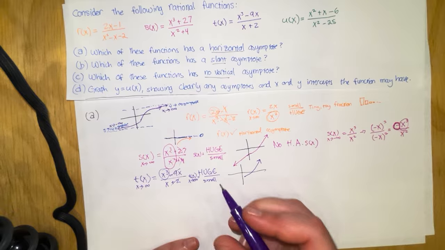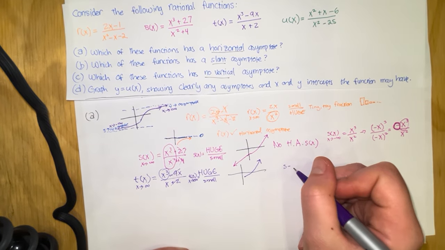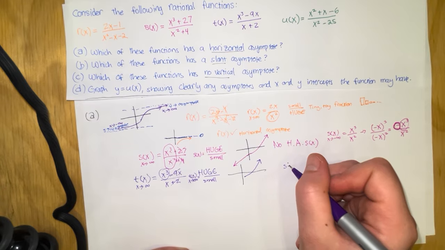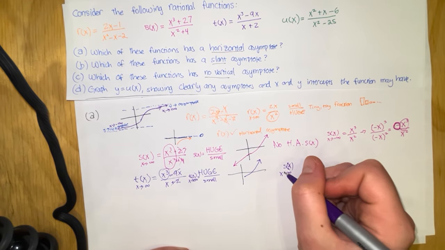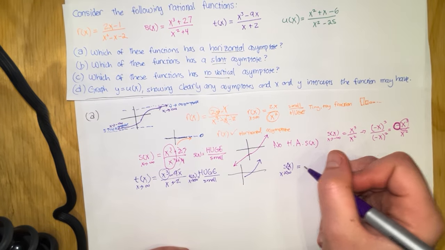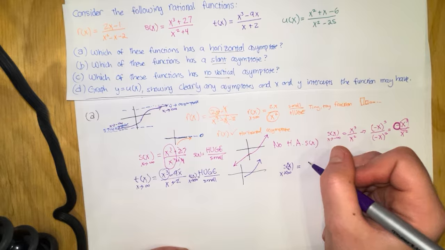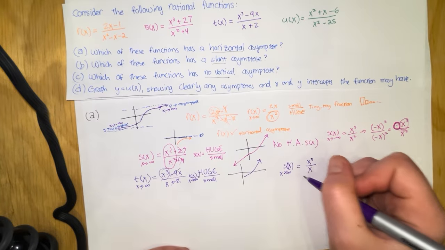So we can do the same thing here. We see s of x as x goes to negative infinity, I didn't write that very neatly, sorry, is going to approach x cubed over x.